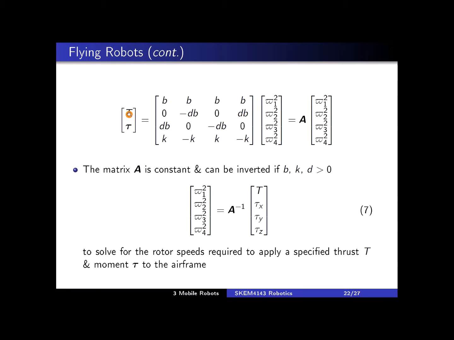So this equation says thrust, which is T1 plus T2 plus T3 plus T4, and tau, given by tau x, tau y, tau z, is equivalent to this matrix, which we will call matrix A, multiplied by omega 1 squared, omega 2 squared, omega 3 squared, and omega 4 squared.